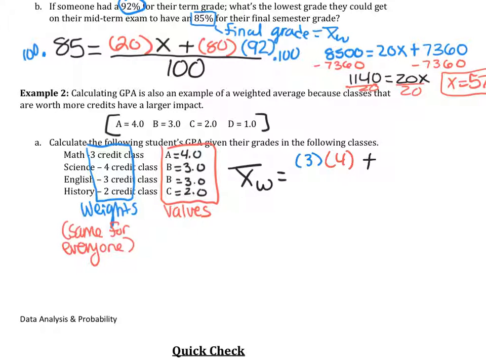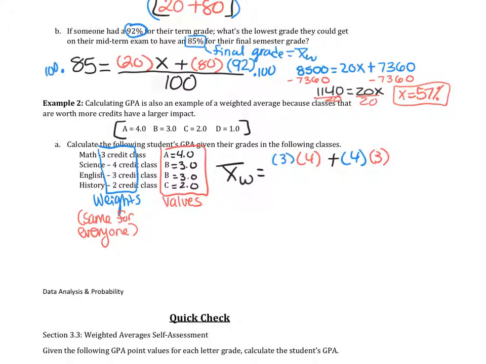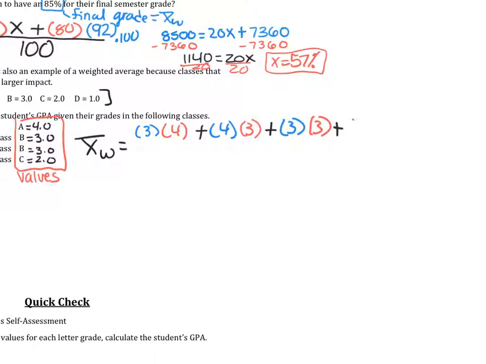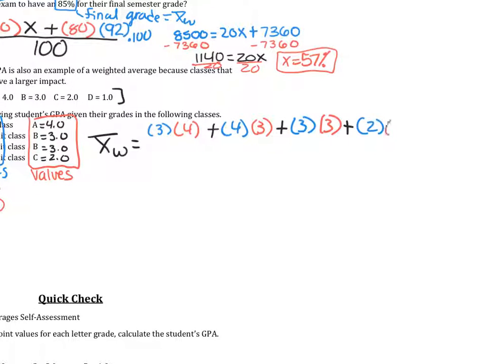Plus our 4 credits for science times a grade of 3.0 for their B. Plus 3 credits for English times their grade, which is a 3.0. Plus 2 credits for history times their grade, which is a C, so a 2.0.